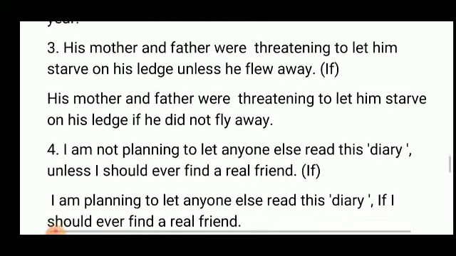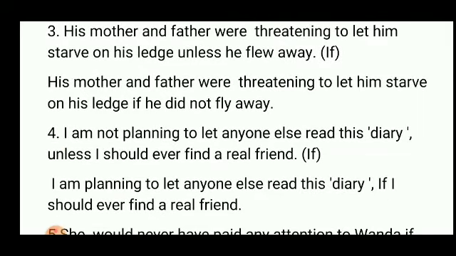Fourth number: I am not planning to let anyone else read this diary unless I should ever find a real friend. Again we need to use if here. I am not planning, that is a negative sentence. So we need to remove unless and that negative.